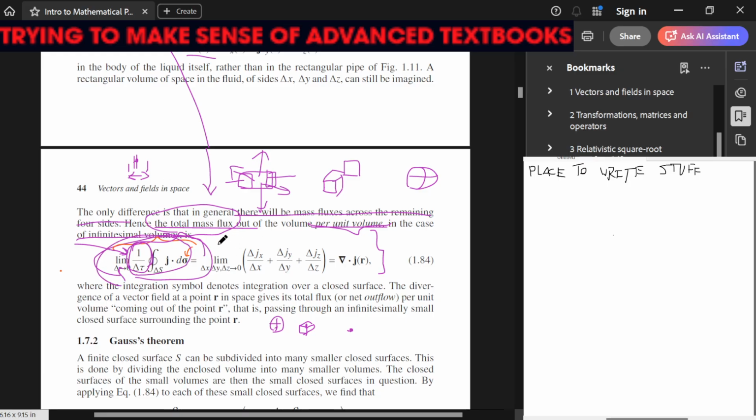Okay, this could be rewritten as this. Well, it is rewritten, so you can actually work it out. J dot is jx. Oh my goodness. Okay, jx d sigma x plus, we don't need to write out all. We can just do it for one. d sigma x is just dy dz, but I guess we're using delta y delta z.